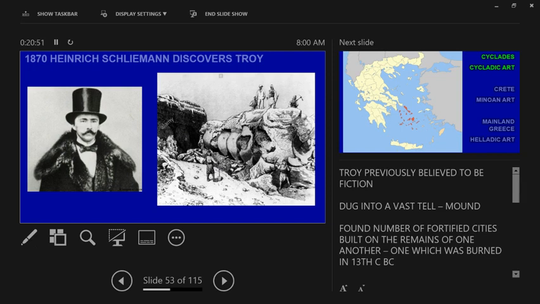So the story of Troy wasn't real. Well, he finds a buried city that comes from the exact same time that Troy would have been alive, and he finds these massive walls, and he finds all this evidence that points to that he found Troy.